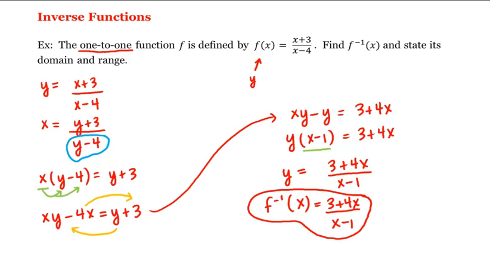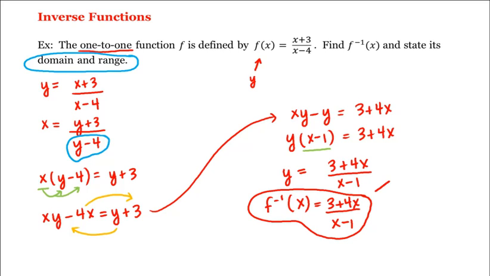So here's our inverse. However, we also are asked to find its domain and range. So let's start with the domain. Looking here at f inverse, the only issue would be if x were equal to 1, because then we'd be dividing by 0. So we need to exclude this value.